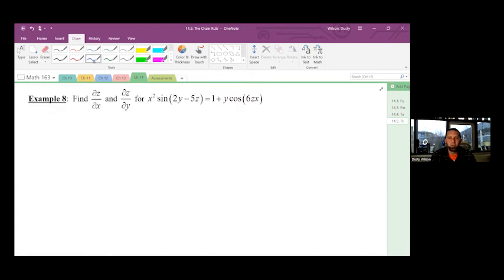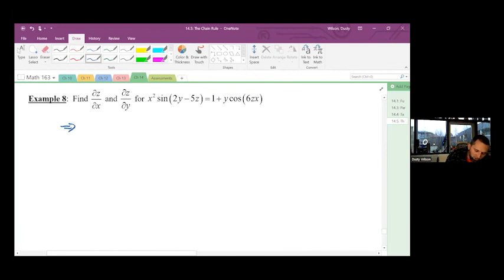Last example, example 8. Find the partial of z with respect to x and the partial of z with respect to y for x squared times sine of 2y minus 5z equal to 1 plus y times cosine of 6zx. So the first thing we're going to do is move all of this to one side.